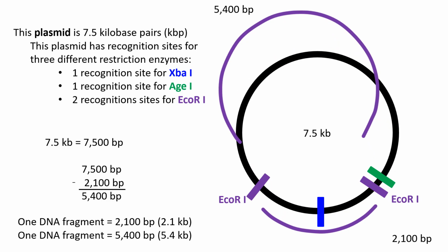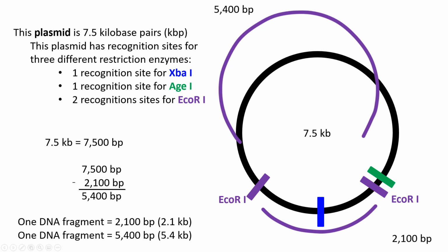One is 2,100 base pairs and the other is 5,400 base pairs. 2,100 plus 5,400 gives us the total base pairs of our original uncut plasmid of 7,500 base pairs.